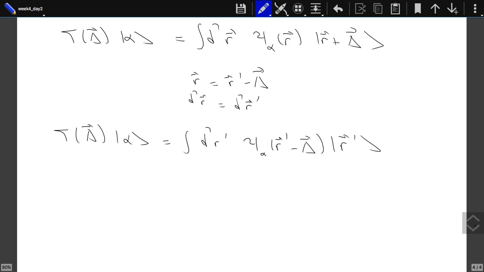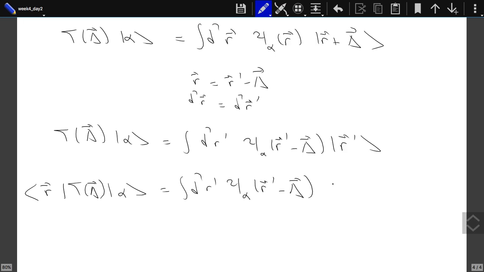Let me look at the wave function of this translated state. Well, the wave function is nothing but this inner product. This is my translated state. Its inner product with my position ket is what we call the wave function. This is how we define the wave function. Well, this is equal to the integral d cubed r prime psi alpha of r prime minus delta times <r|r prime>.